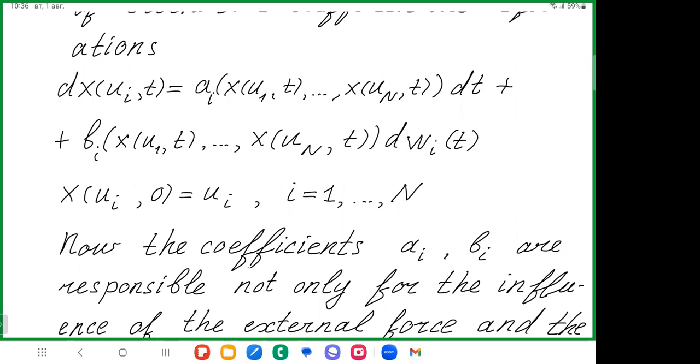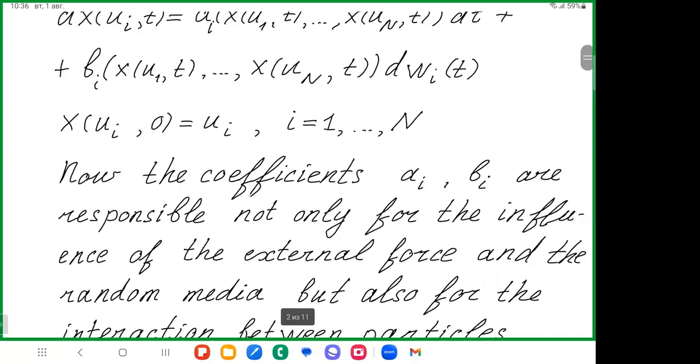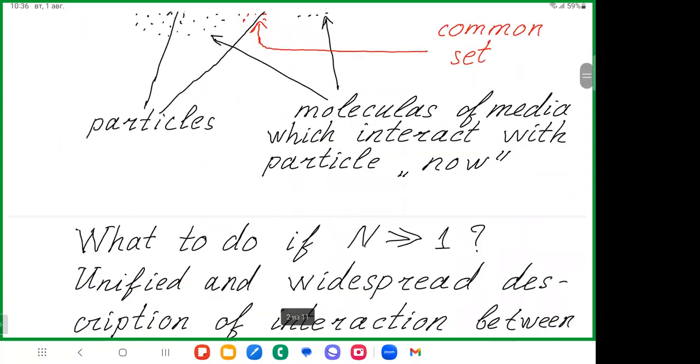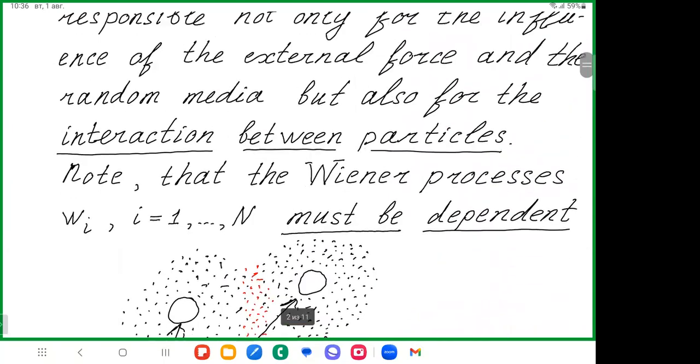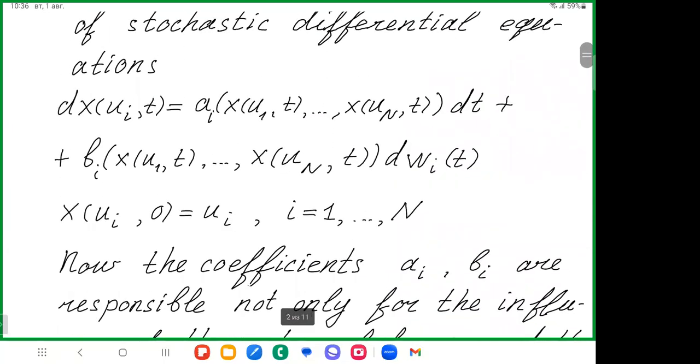Now look what happened when capital N became sufficiently large. What to do? It is trivial that we cannot write the special coefficient A where we will have like 100 variables or so. So we must choose special type of interaction between particles and use it.